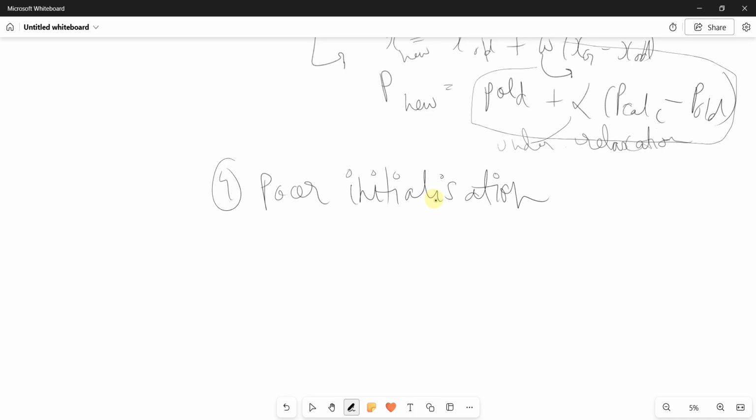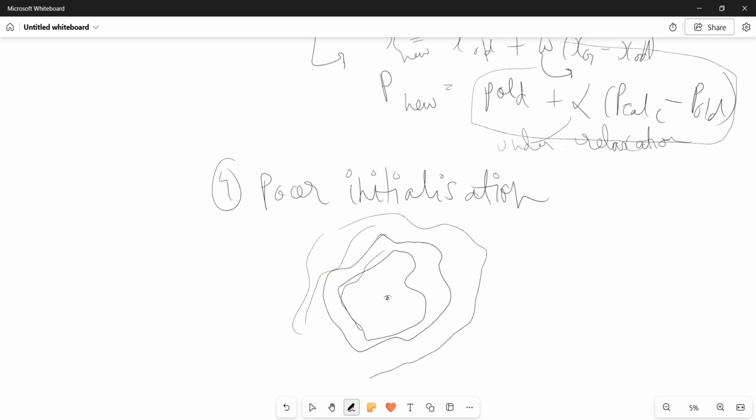You have to initialize values because you don't know the exact values and you're using discretization. So you will have an initial field within which you start your guesses, and then this expands as you reach closer to the accurate solution, right?